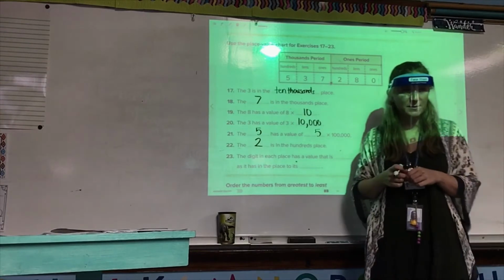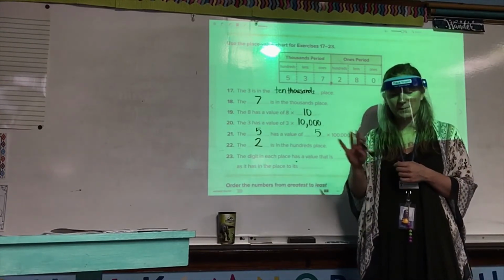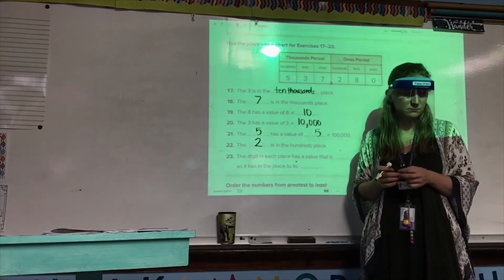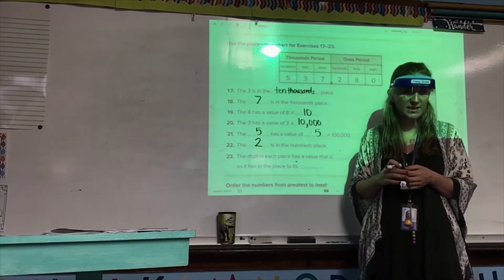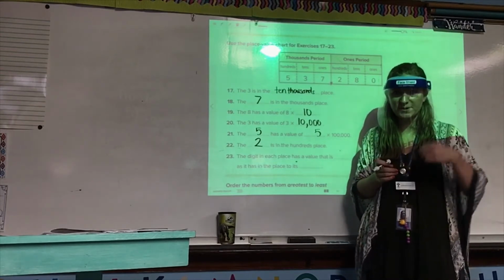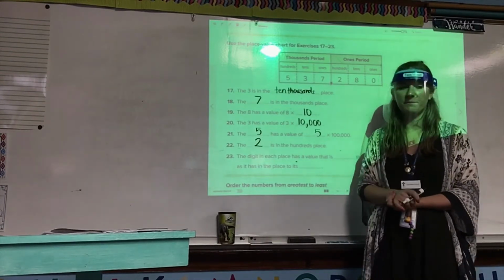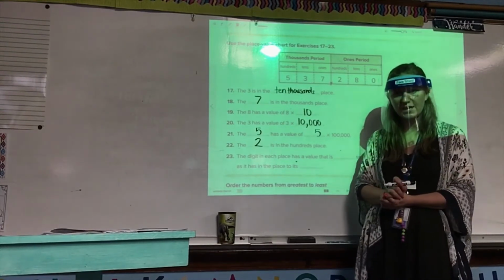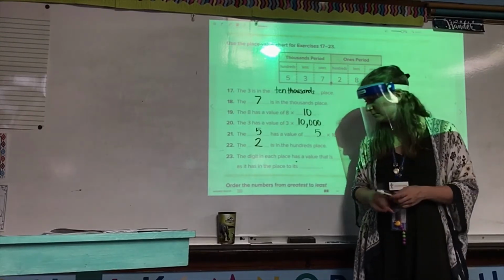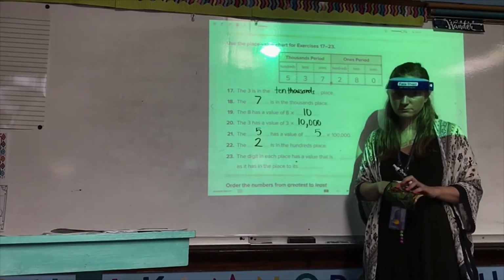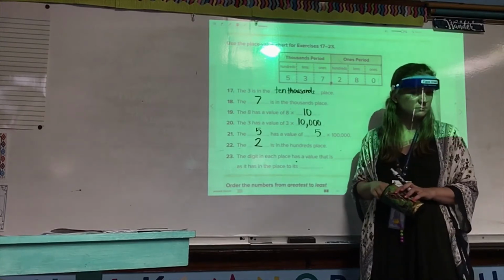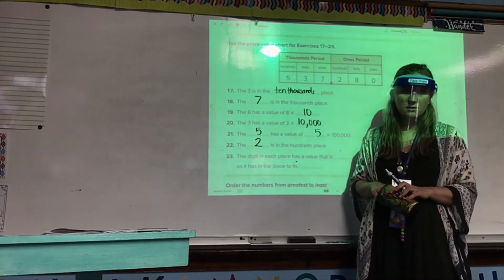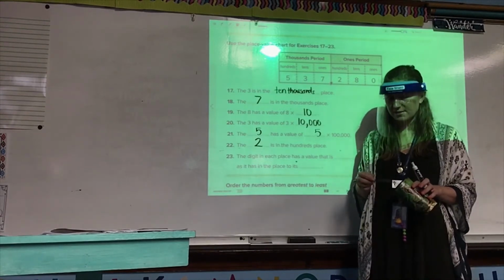Okay, everybody get out your math books. Every single person get out your math book. Open to lesson 1, example 1. Look towards the bottom at the underlined sentence.